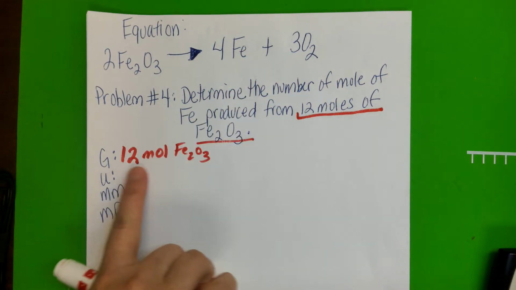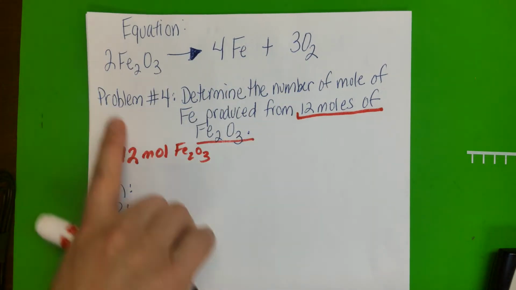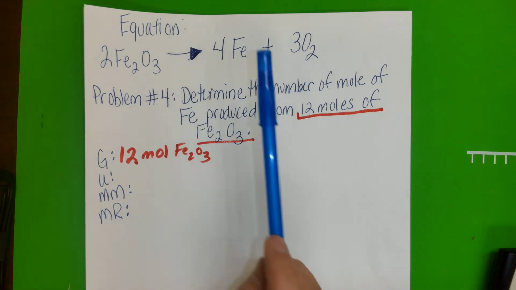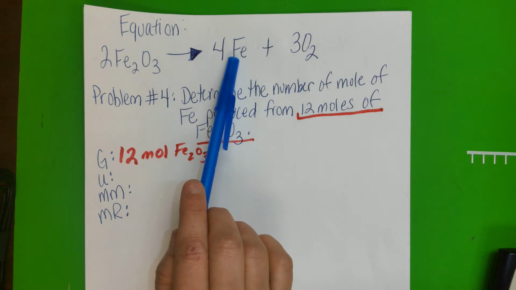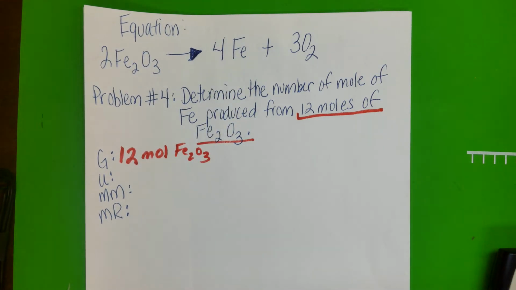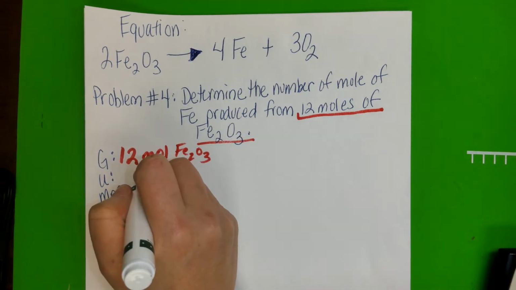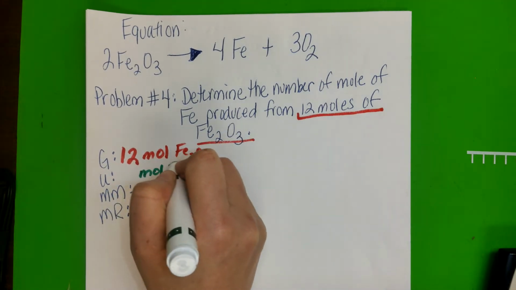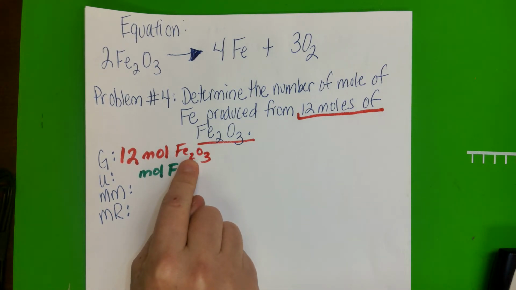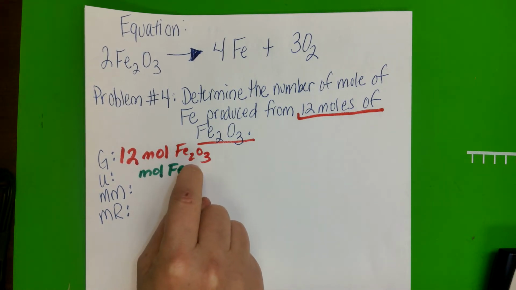We have 12 moles of iron oxide, and we want to know how many moles of iron we're going to have. That's very important that you also keep up with your compounds and elements.